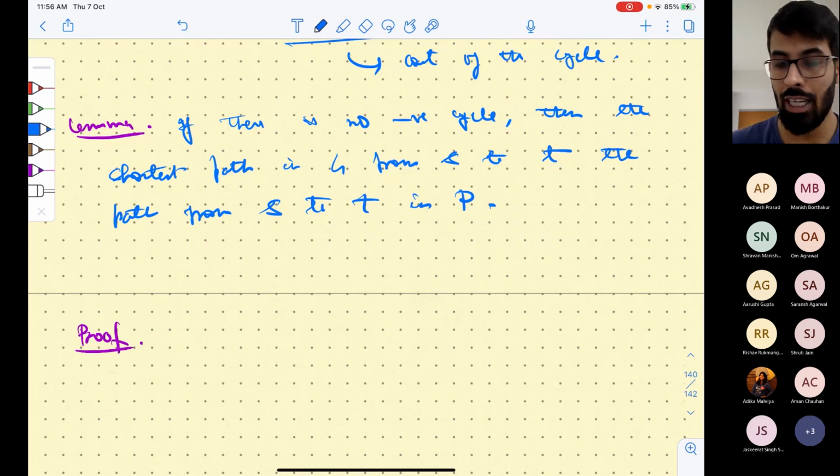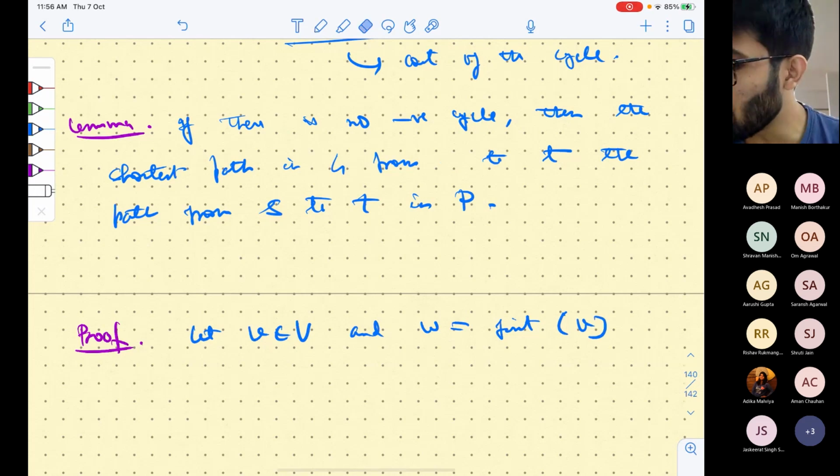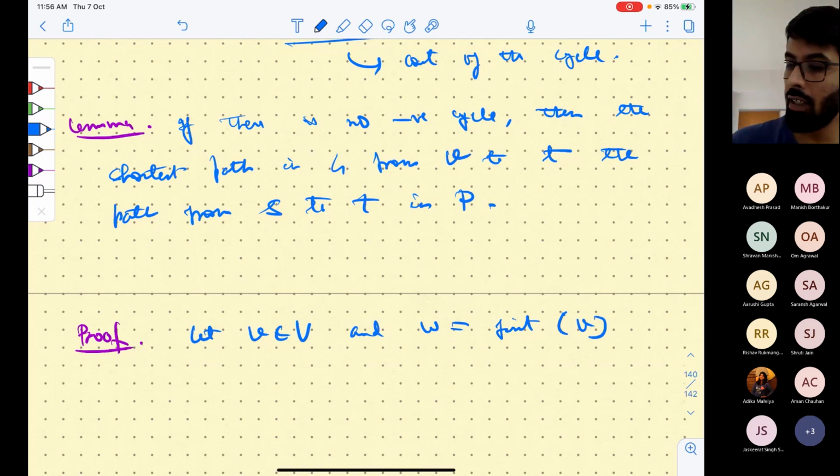I'm over time, but let me just do it. So let V be in V and W equal to first of V. Okay, so V to T, not S to T. Is the path from V to T in P. Okay, so let W equal first of V. Now what do we have?